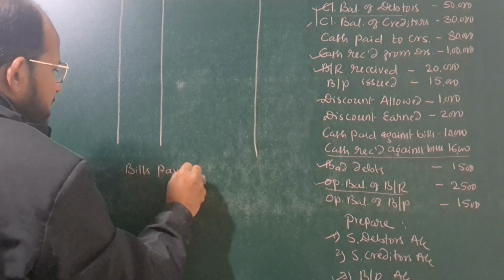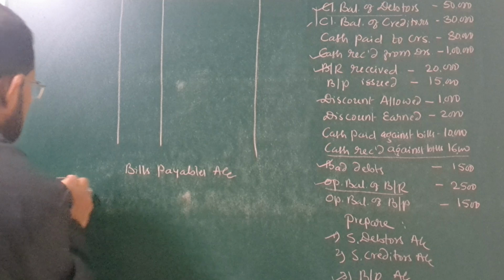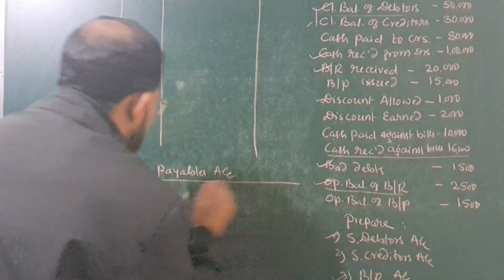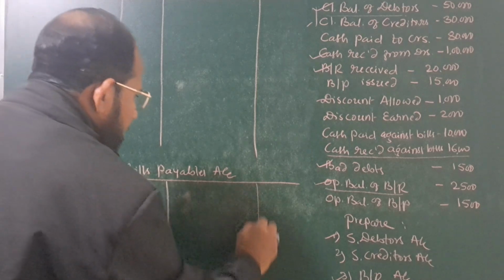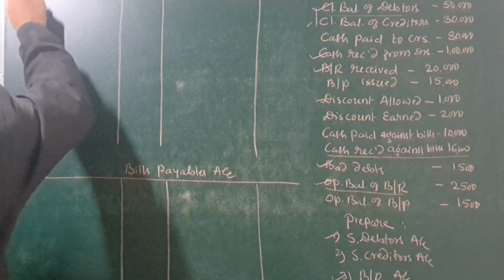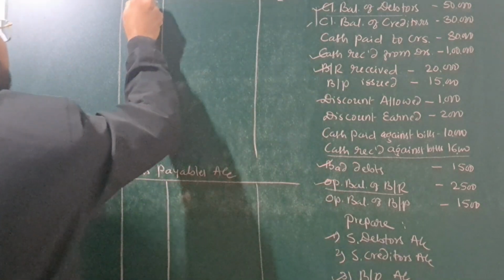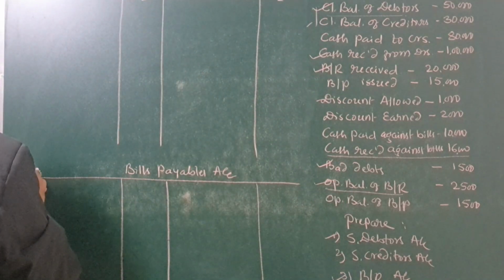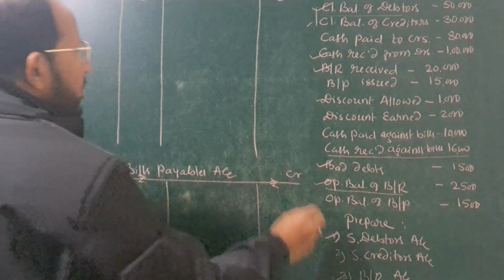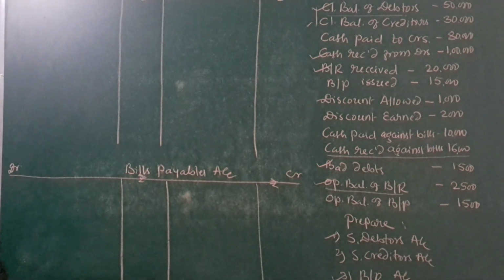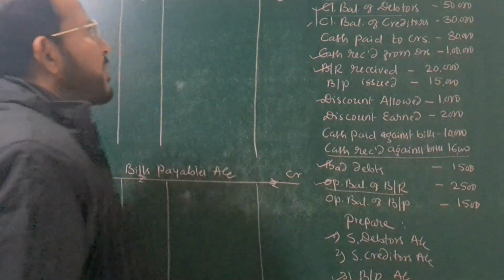Bills payables account. Write amount in rupees, particulars, amount in rupees, particulars, amount in rupees, and debit and credit. Now let us see here the items which are given pertaining to these accounts.